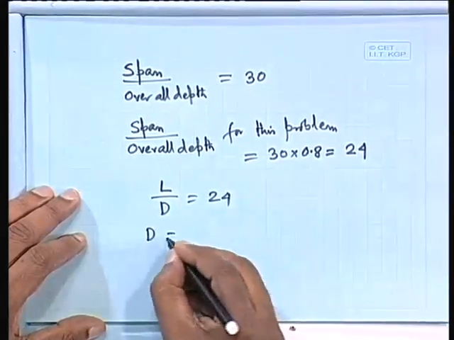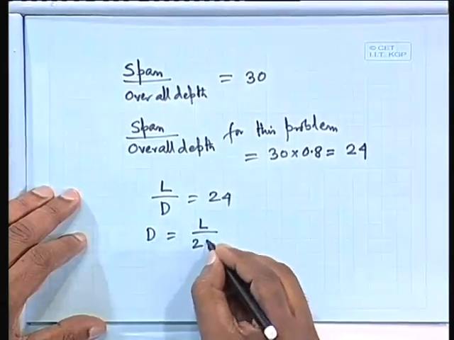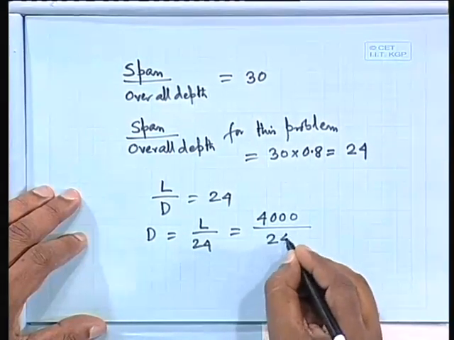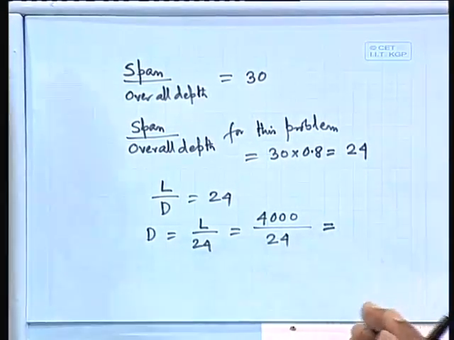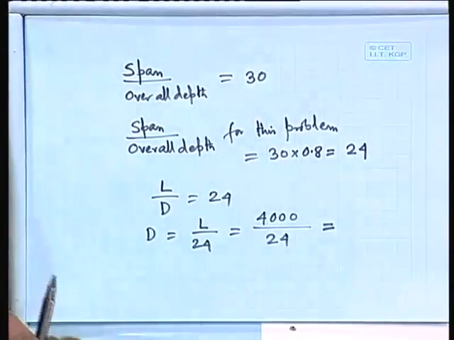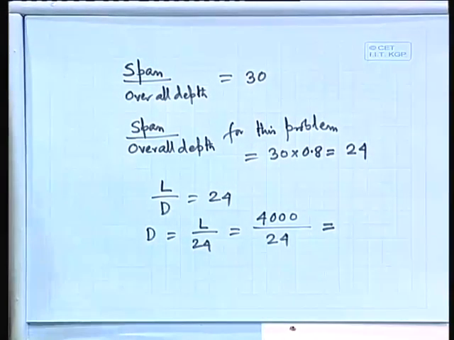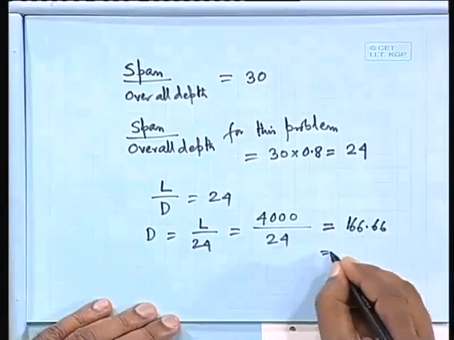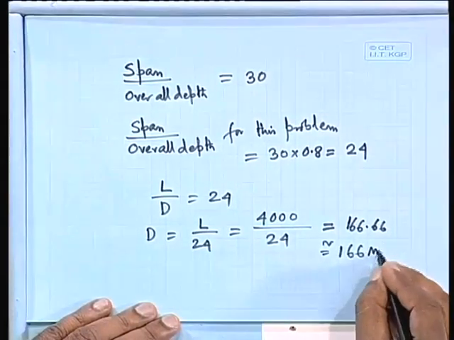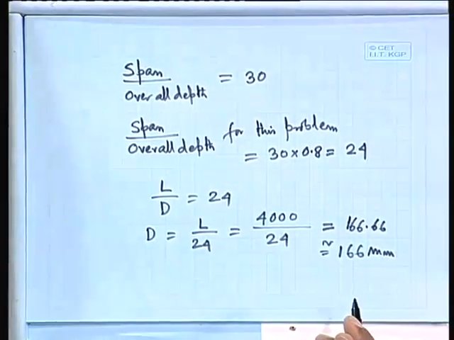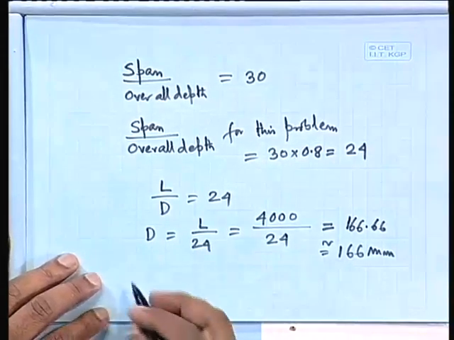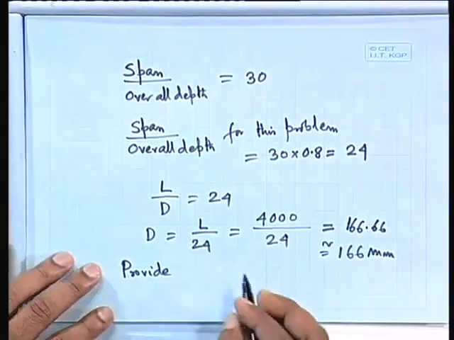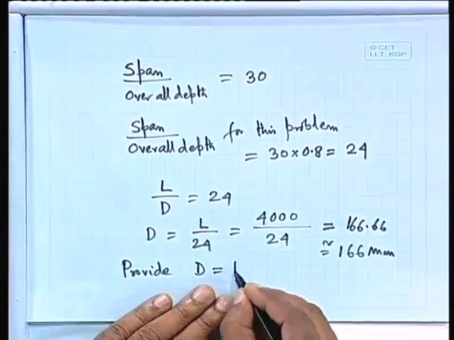So D equal to L by 24, and L equal to here 4000, that is in the shorter direction, divided by 24, which comes as 166.66, let us take 166 millimeter. So what we can do here, let us provide D equal to 175.